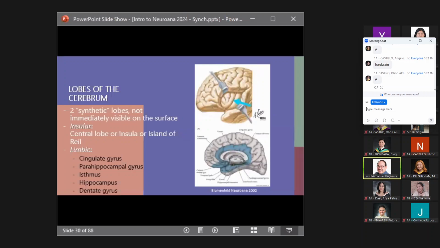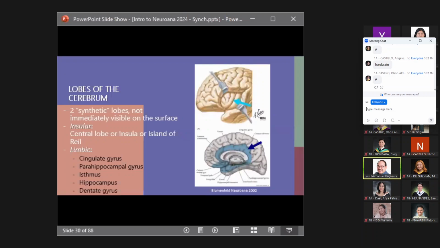Now, what about the limbic lobe? The limbic lobe is more of a functional system. The structures that are involved in the system together form that limbic lobe, and they are here in this image below in blue. Even if it looks like anatomically part of the parietal, frontal, temporal, functionally they are part of the limbic lobe.